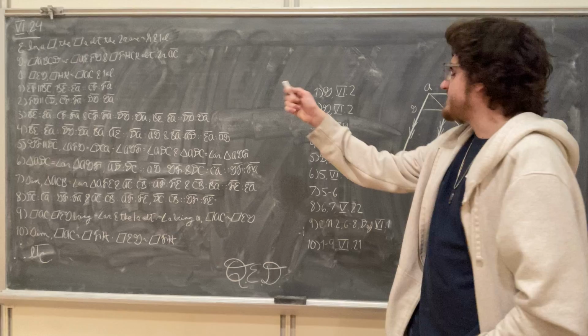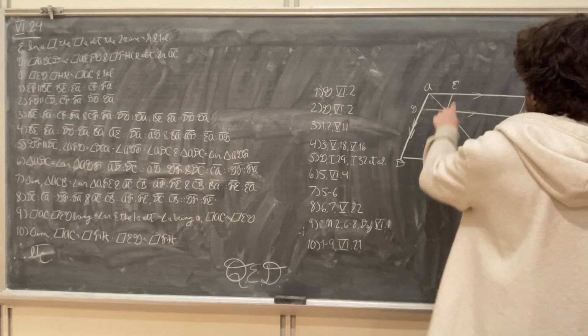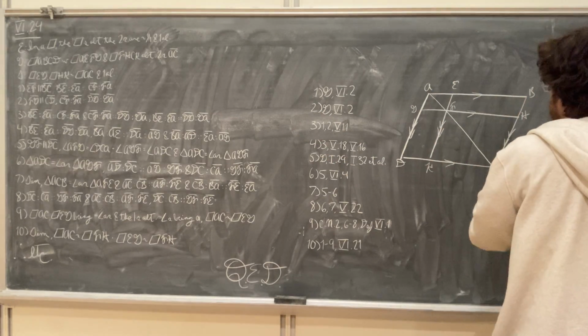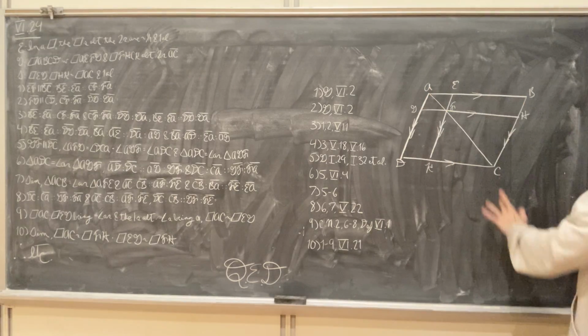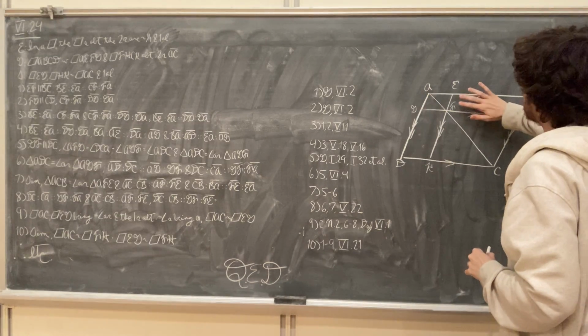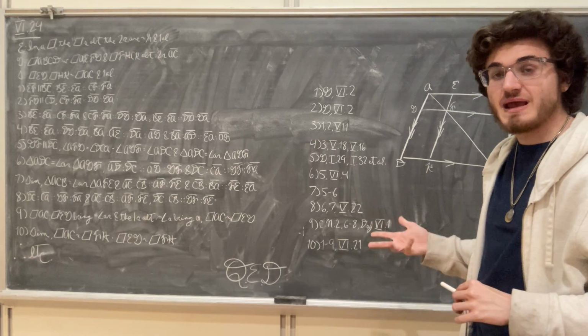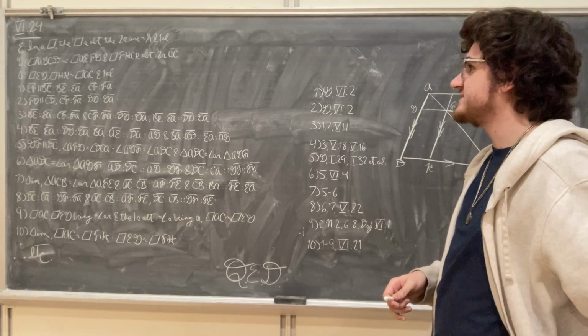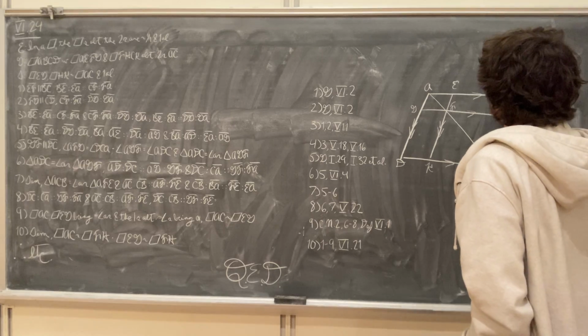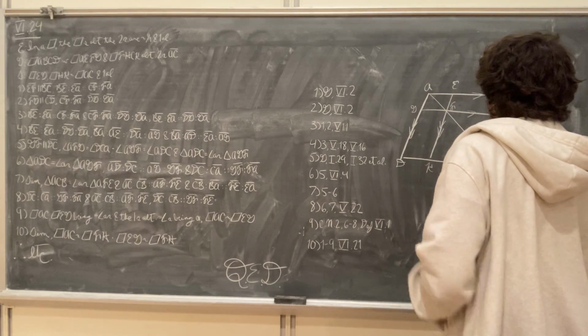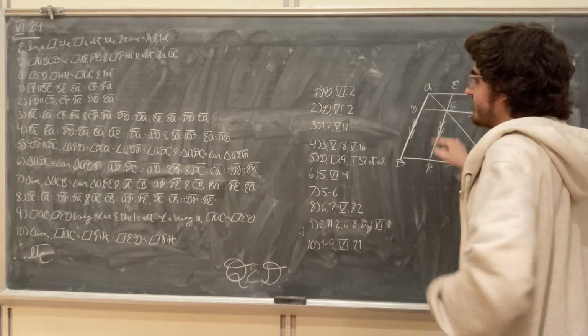Now, EF being parallel to BC, within the triangle ABC, we have some straight line EF, which is parallel to the base BC, which means it cuts the remaining sides proportionally. That's proposition 6-2. So BE is to EA, just as CF is to FA.